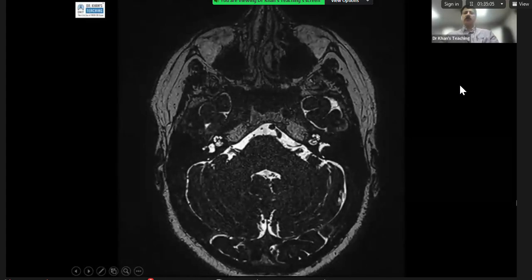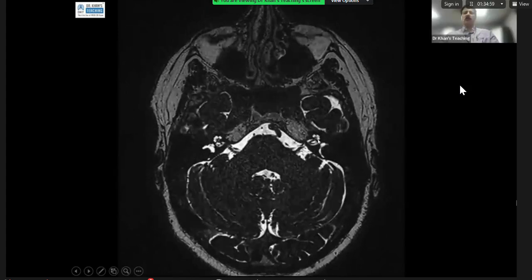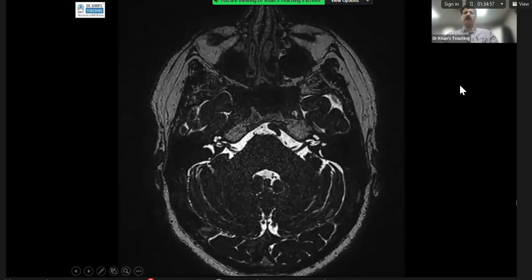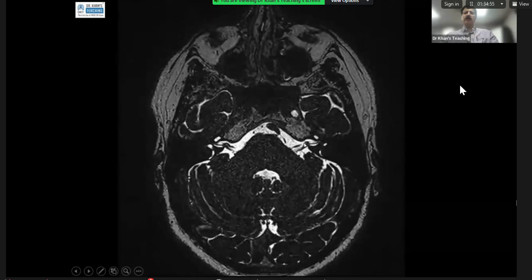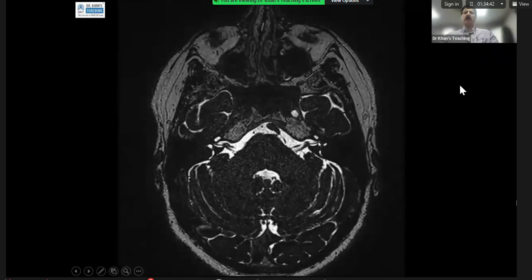I'm sure you already know it. This is that flower. And from the flower, which is the cochlea, you can see this nerve going here. If you trace it backwards, it joins these nerves. On an axial sequence, you cannot make out what is what, the superior vestibular and the inferior, where I'm pointing out.